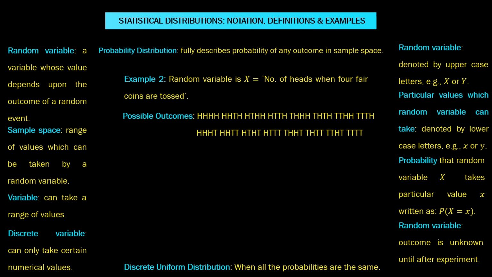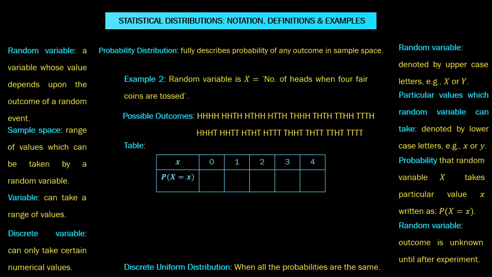So we have heads, heads, heads, heads, heads, heads, tails, heads, and so on. We can present this in a table. So, little x can take the value 0 heads, 1 head, 2 heads, 3 heads, or 4 heads.